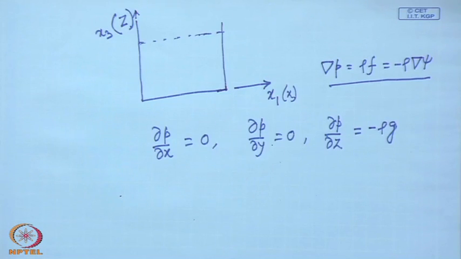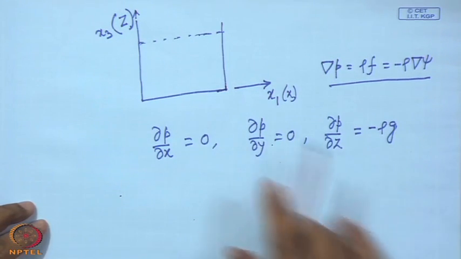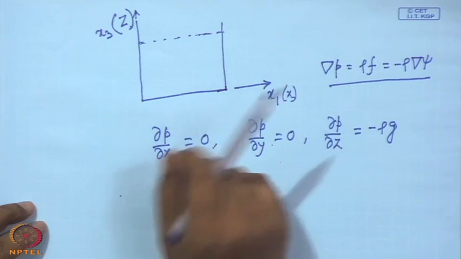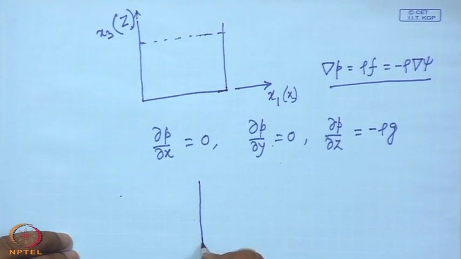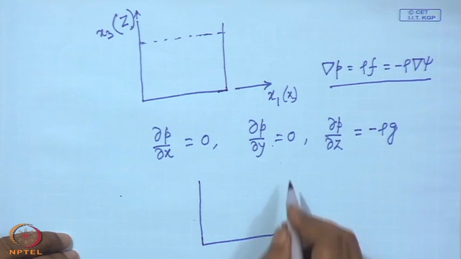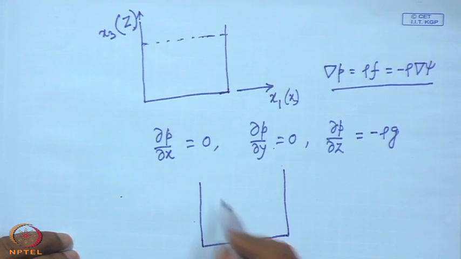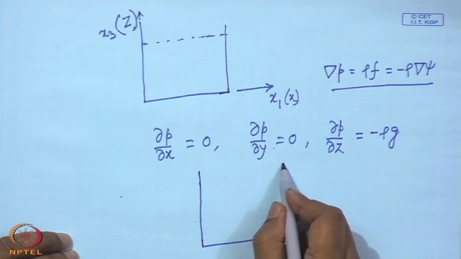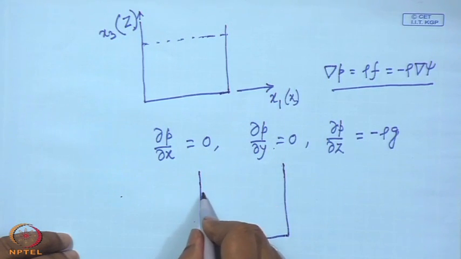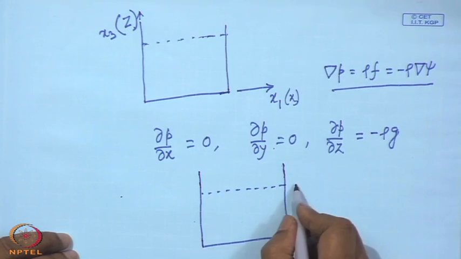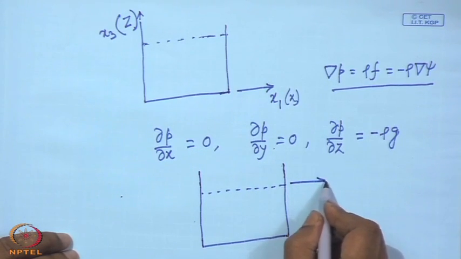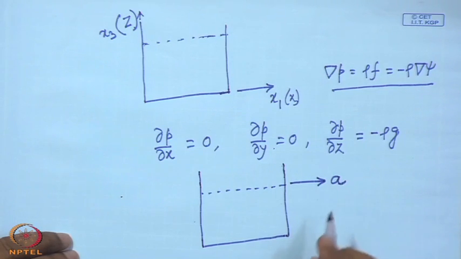We will consider that this container is now moving with a uniform steady acceleration, and let us say to the right, along the x1 direction.